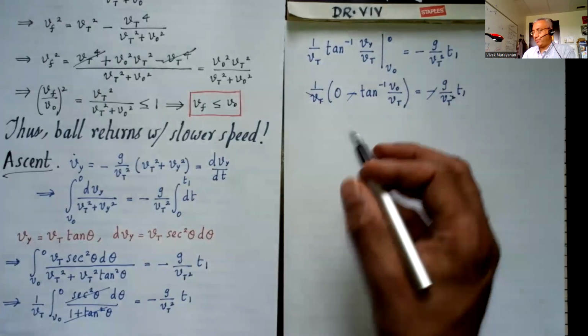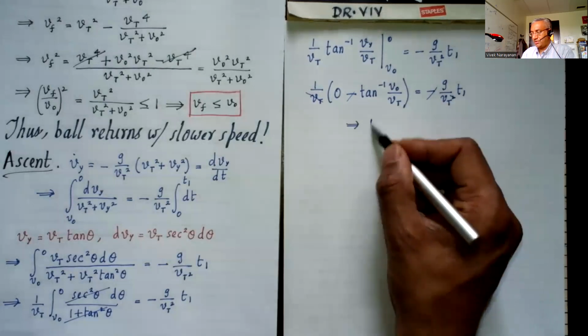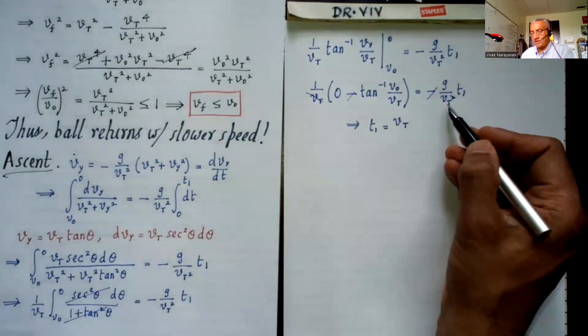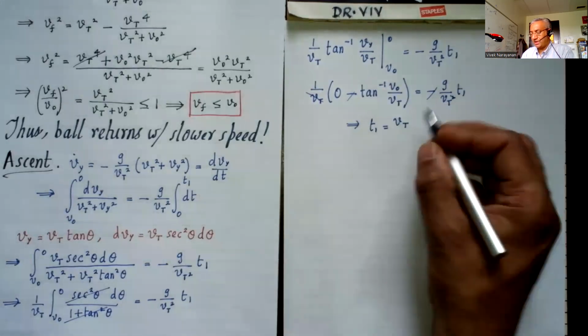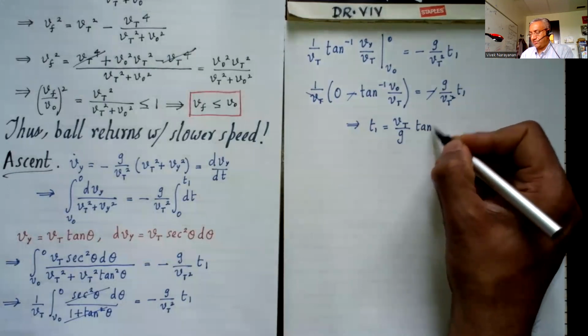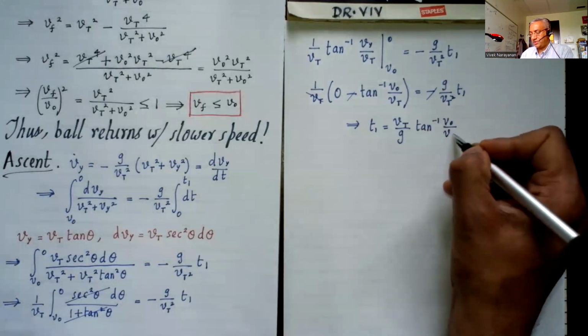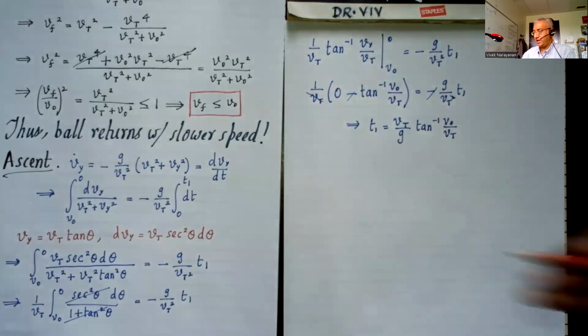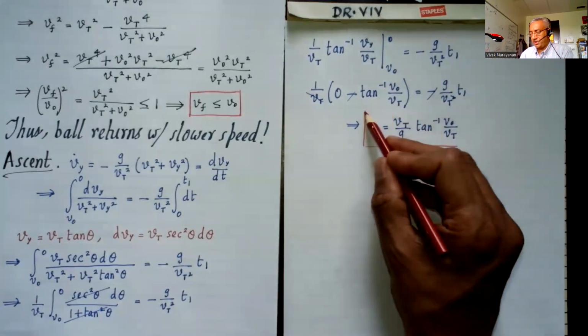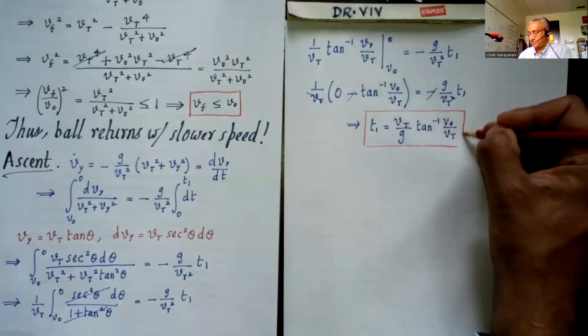And so I can solve for time T1, which is what I'm interested in finding. If I solve for time T1, the Vt comes up there, g goes downstairs, times tan inverse of V naught over Vt. Let's save that, because we'll soon need to compare T1 with T2.